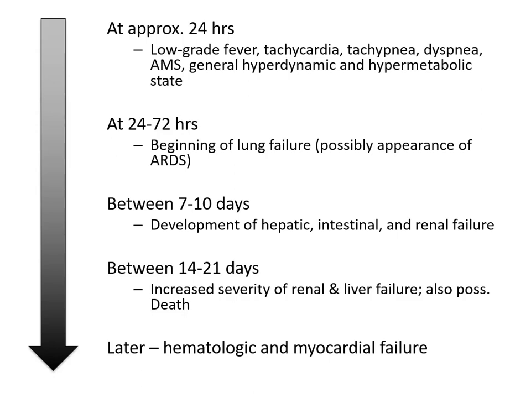Between 7 and 10 days, there is development of hepatic, intestinal, and renal failure. Between 14 and 21 days, there is increased severity of renal and liver failure, and also possibly death. Later issues include hematologic and myocardial failure.